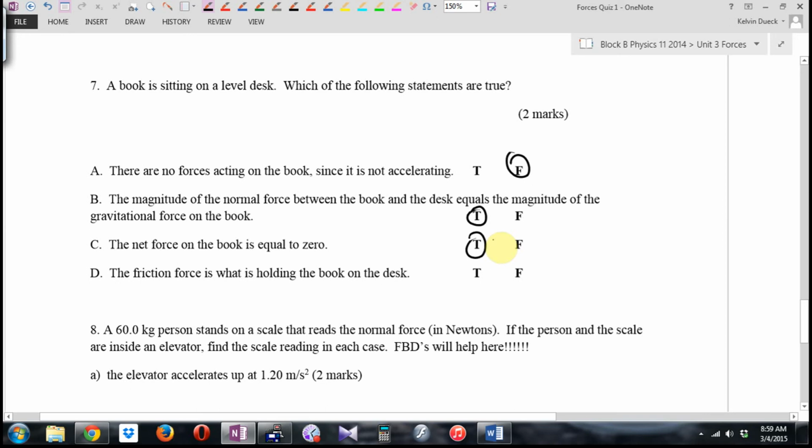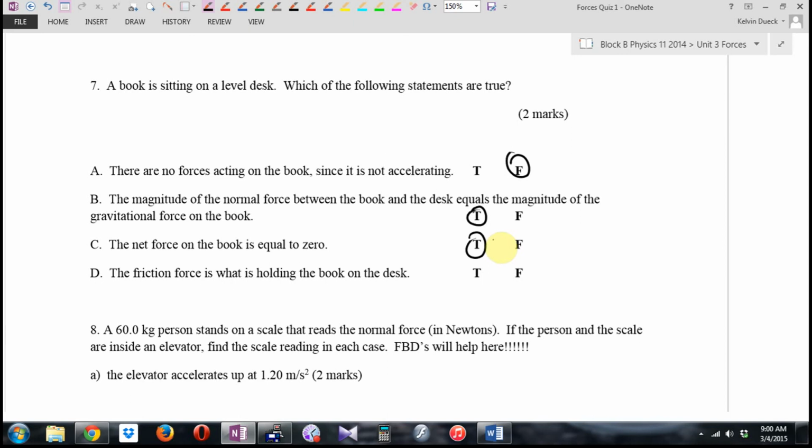The friction force is what's holding the book on the desk. What'd you say here? You know what? Here's my thought experiment. Whenever they talk about friction, and I'm not sure what the answer is, Amy, I go to no friction. And for me, the surface with no friction that I'm most familiar with begins with the letter I. Ice. Okay, so if the desk was made out of ice and it was level, could you still put a book on it?